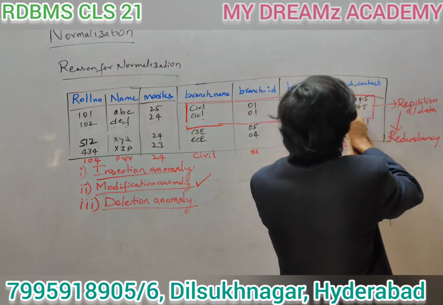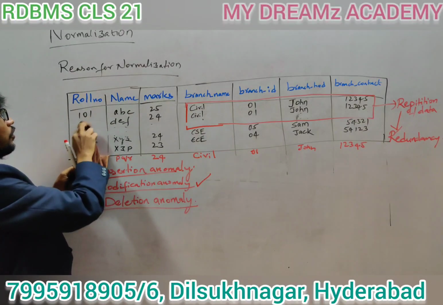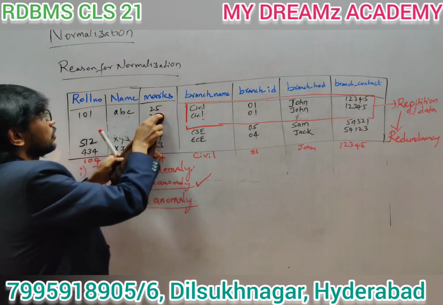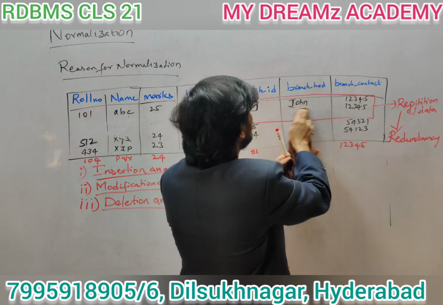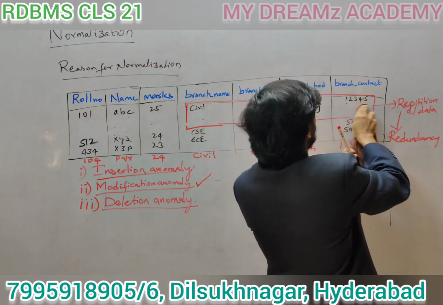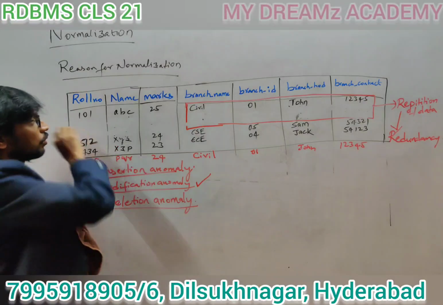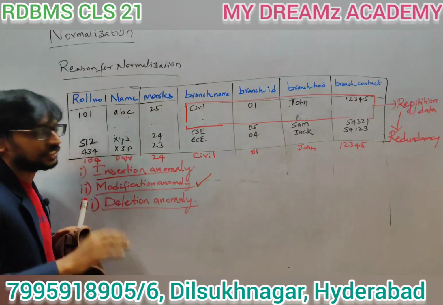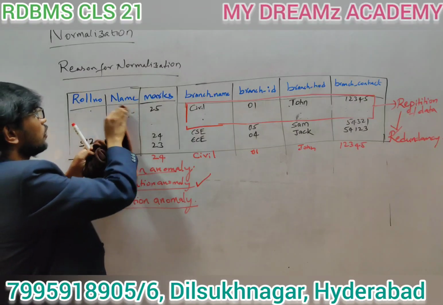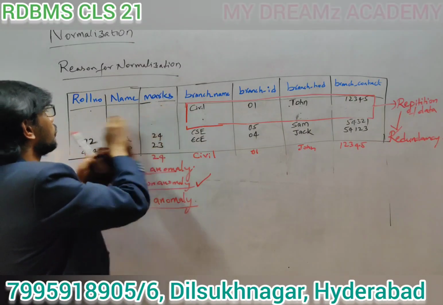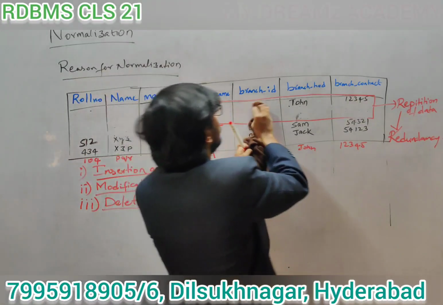Now 102 is also deleted, 102 also left the college, and his information is getting deleted. So my intention is that I'm deleting only student information. If that student leaves the college, the total information of that particular row will get deleted. Whenever I'm deleting this particular row, the total row will get deleted, right? So this also gets deleted.